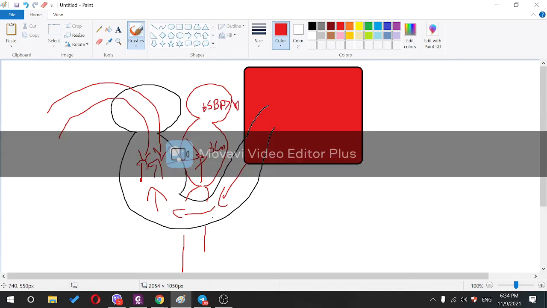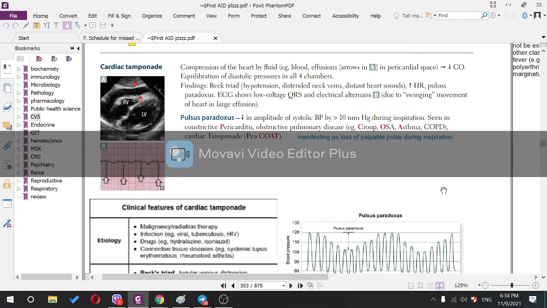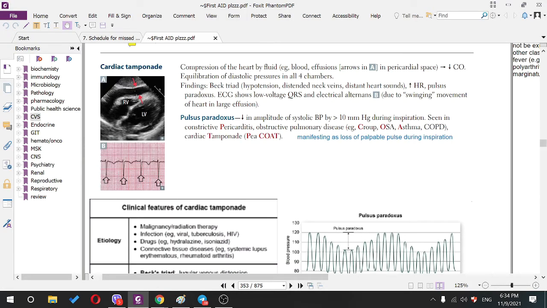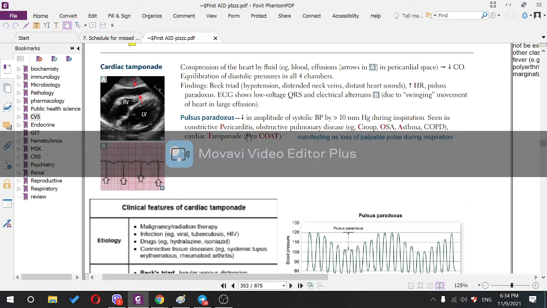More than 10. If it's less than 10, that's normal. So COPD, we said asthma, OSA, which is obstructive sleep apnea, most commonly in obese people with a BMI over 30, and croup. Also cardiac tamponade, we explained that one in the beginning.